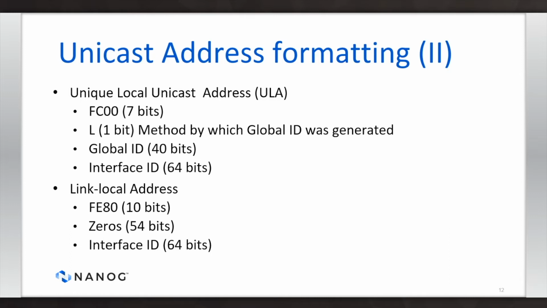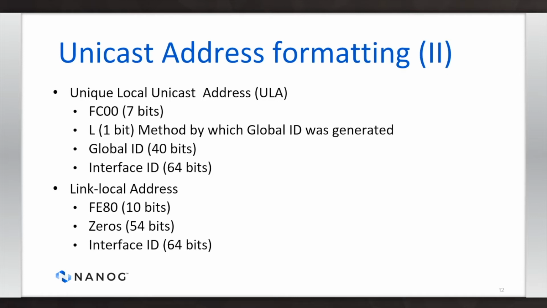ULAs start with FC00, 7 bits, an L bit that talks about how the global ID was generated. And right now, there's only one way to do it, and I think it's with a pseudo-random number generator or something like that. Then there's 40 bits that has this global ID.